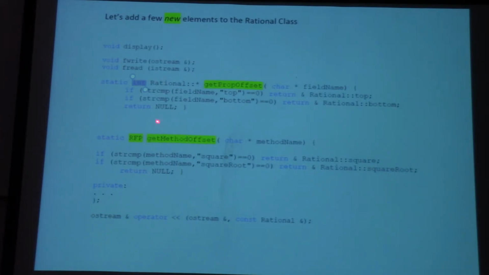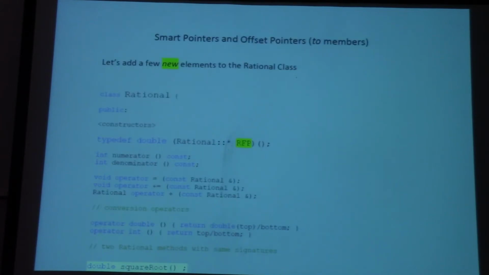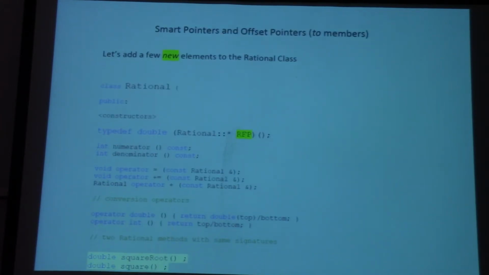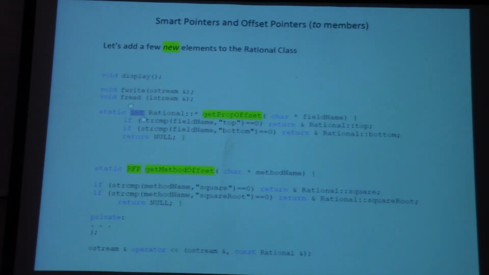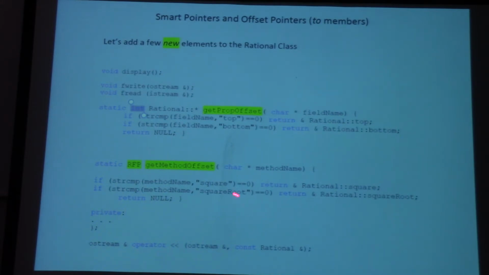That means you want an RFP to the function square, so I will return to you rational::square. What's square? Square is this function down here. That's the header. So if it matches square, I will return to you the address of rational::square.